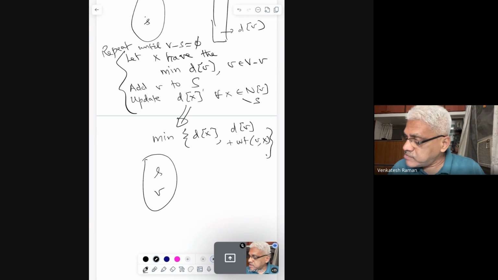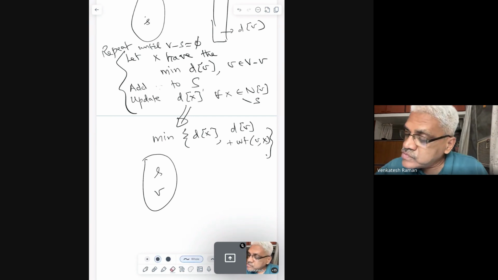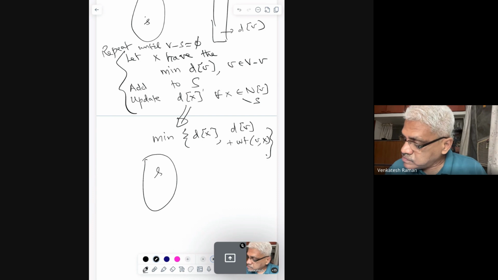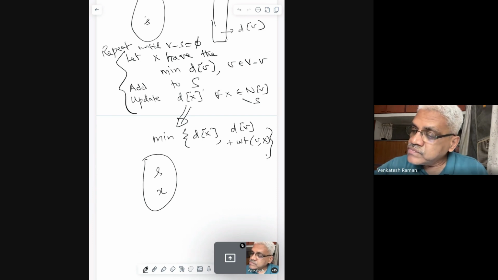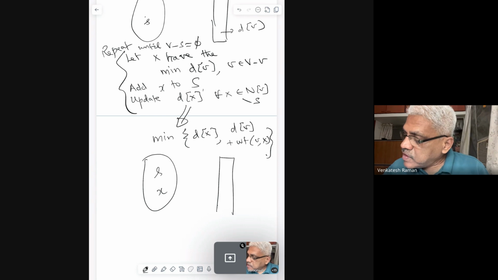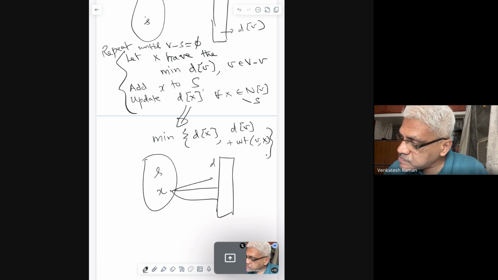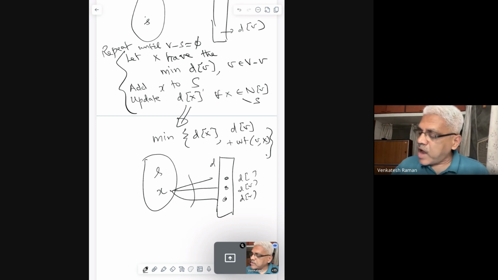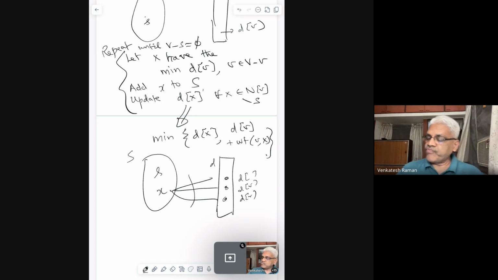Now there are some d distances. Look at only x's neighbors and update their d values. And then repeat. Find the smallest among them, add it to S, and so on.